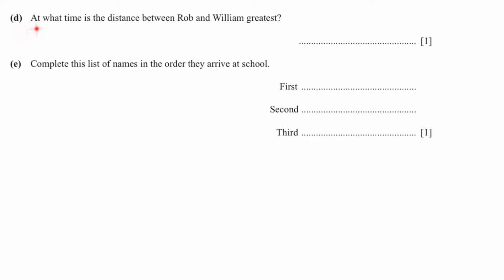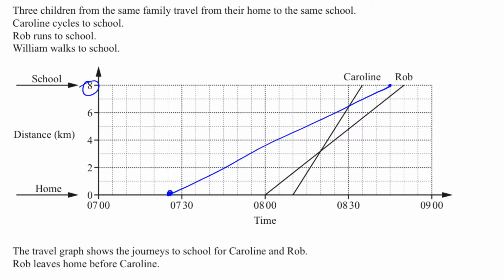In D, at what time is the distance between Rob and William greatest? So this is William and this is Rob. We can see the greatest distance is here at 8.